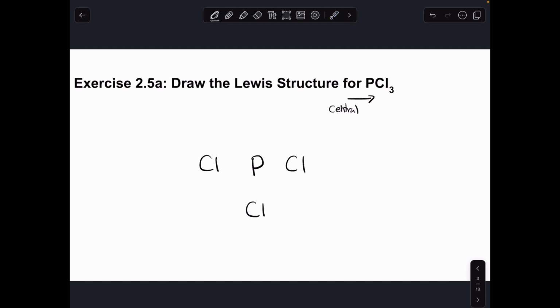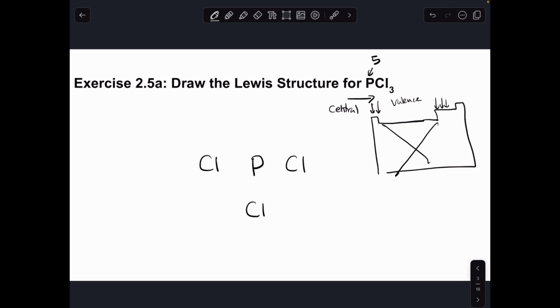All right, if you look at the periodic table, I should have put one on here, but let's draw a quick rough model to remind you. The column number tells you how many valence electrons they have. So if I look for phosphorus, it's in column 5. Remember, we skipped the D block. Chlorine has 7.